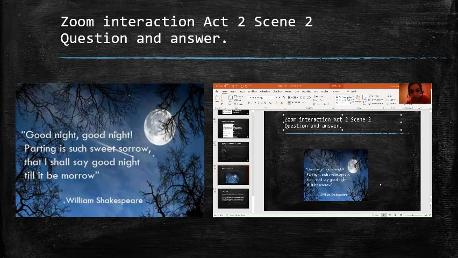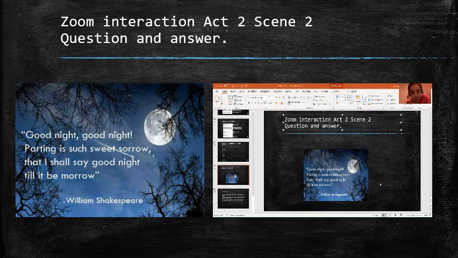So Bernice, what would you say does the word parting mean? I'd say leaving each other. Yes. So they're saying that leaving each other is such sweet sorrow, but that doesn't really make sense because sweet and sorrow are opposite words. They've got opposite meanings.